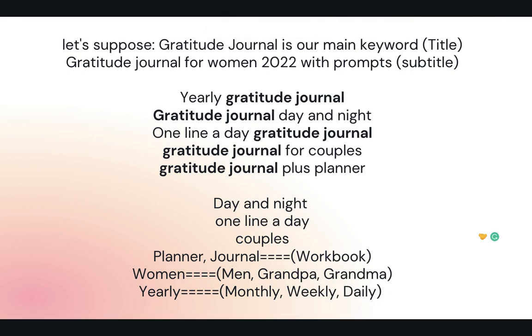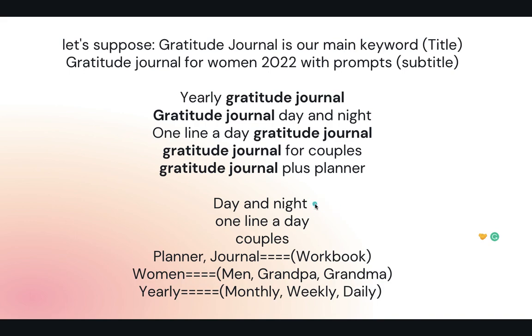But do not do stuffing, do not use irrelevant things. Maybe you are thinking that if I put some irrelevant thing over here, like coloring book, coloring, gratitude journal, day and night coloring, then it is going to rank in the coloring section as well. Maybe by your luck it is going to rank, or show up on the first page of gratitude journal coloring or whatever it is.